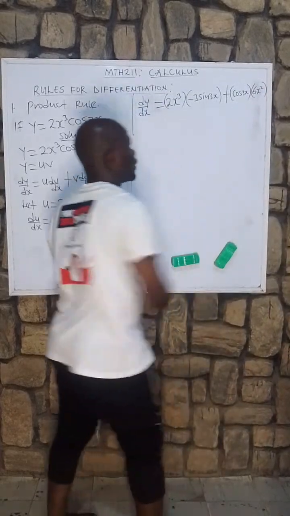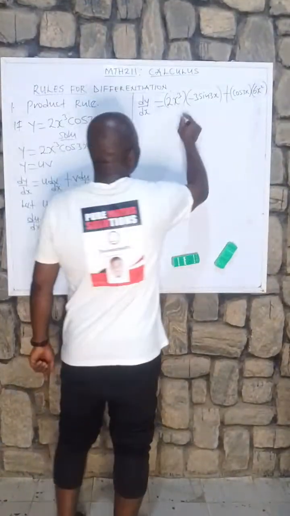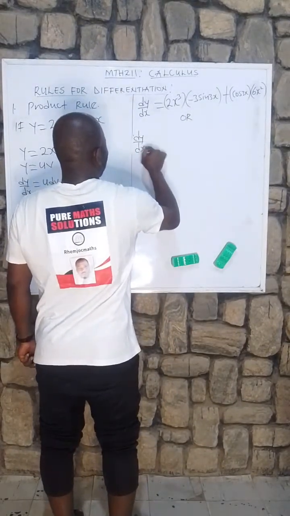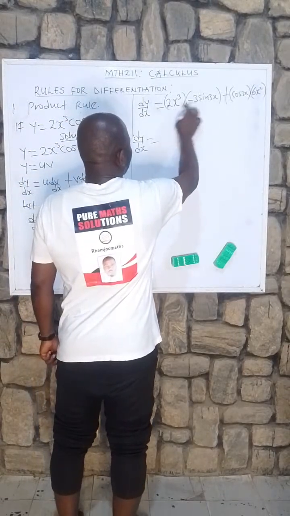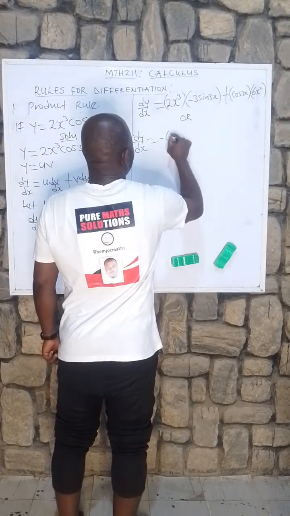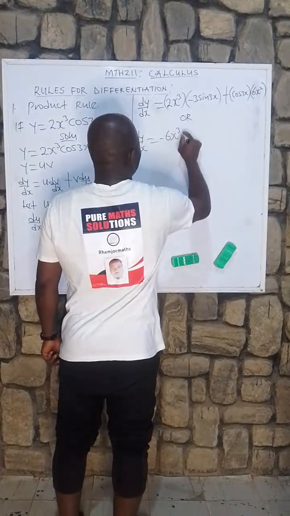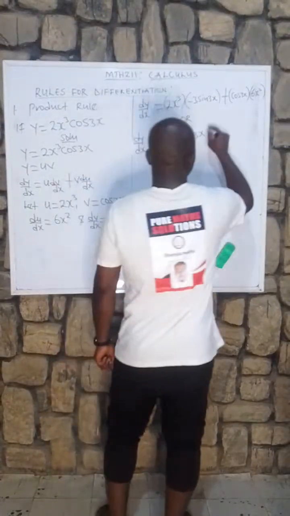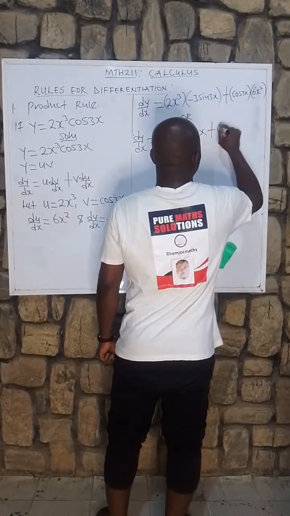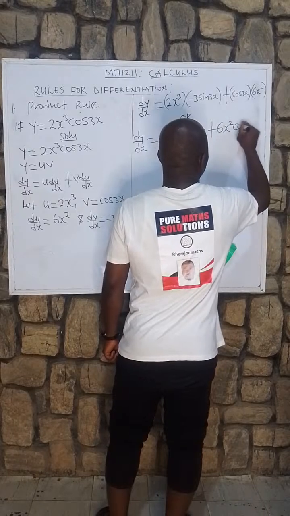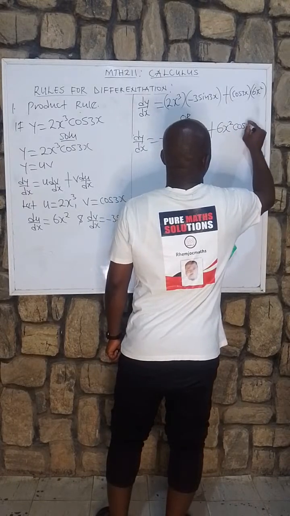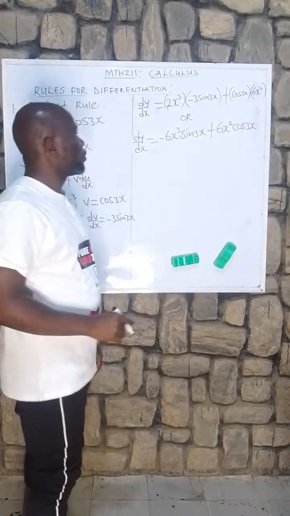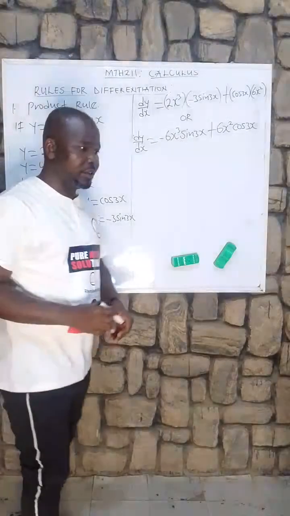You can leave it like this, or it is the same thing as dy over dx equals, multiplying out 2 times minus 3, minus 6x, then plus this times this, 6x squared cos 3x. This is the answer. Any question?